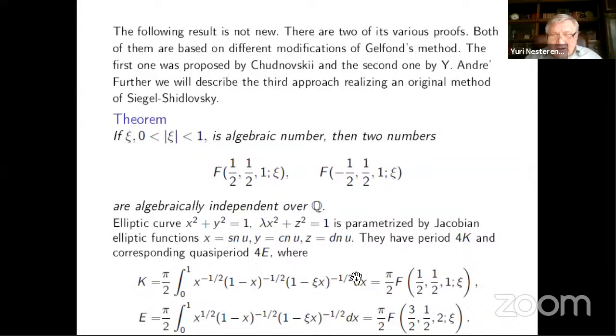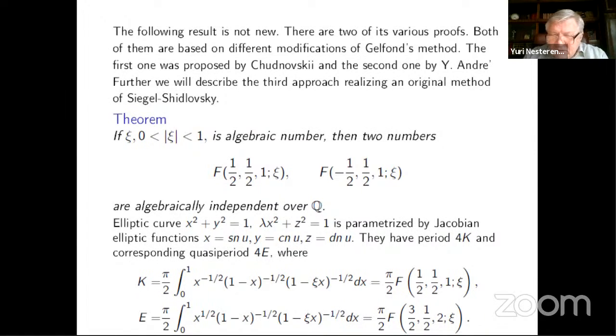But there is a very easy reduction of this case to the case with 1/2 for these parameters. So this is an identity. And due to Chudnovsky's theorem about elliptic functions, K over pi and E over pi should be algebraically independent.